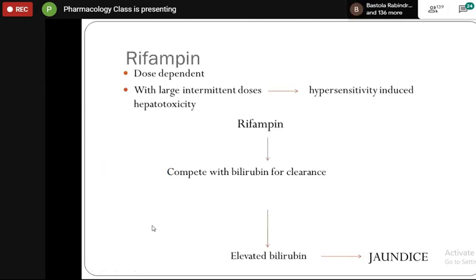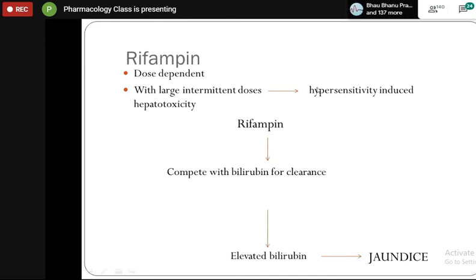Next, the anti-tubercular drug known as rifampin. They can show hypersensitivity, not dose-dependent hypersensitivity, but what I mean to say is that they can have two different types of hepatotoxic effect. With large intermittent doses, it has been found to produce hypersensitivity-induced hepatotoxicity.